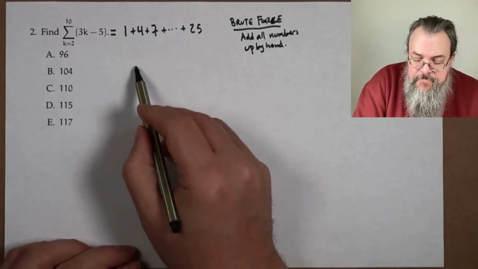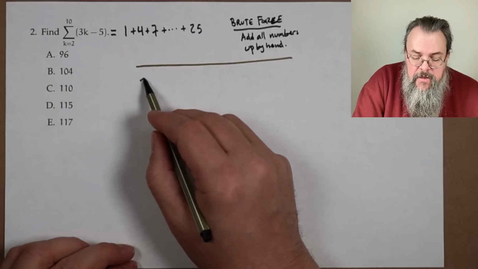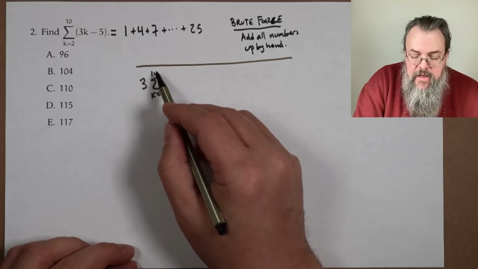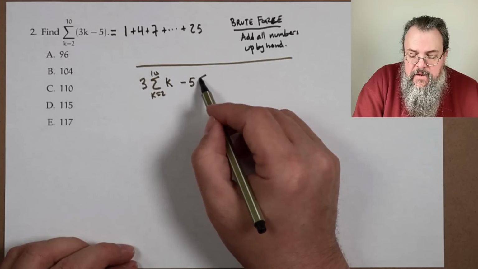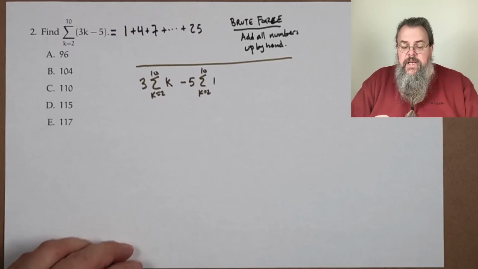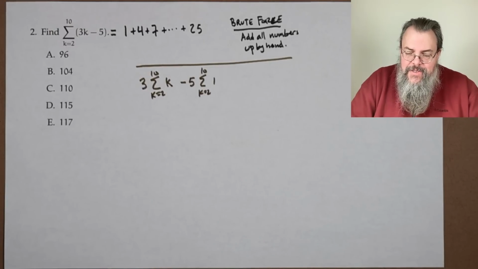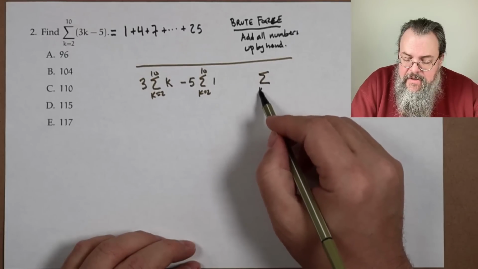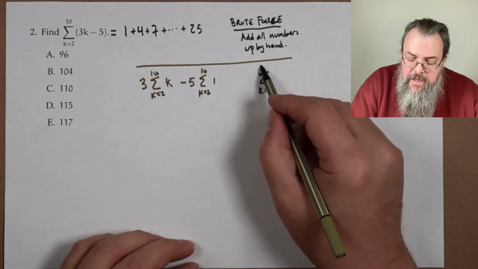Another option you have is to say, look, this sum is really 3 times the sum, k equals 2 to 10, of k, minus 5 times the sum, k equals 2 to 10, of 1. And then say, let's talk about sums that we know. There's some basic sums that are good to have, and anything more exotic than the following two will be given to you.